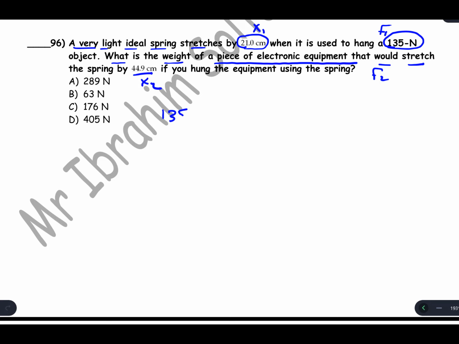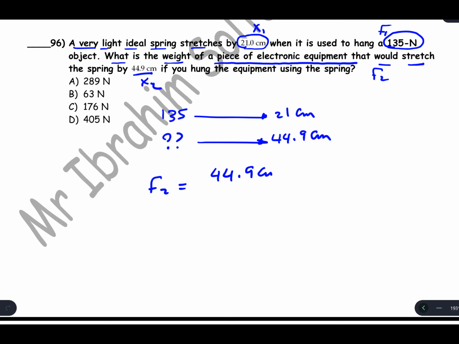So F1 is 135 making extension of 21 centimeter. What is the force that makes stretching 44.9 centimeter? You can use the cross, meaning F2 equals 44.9 centimeter times 135 Newton over 21 centimeter. Centimeter goes with centimeter.